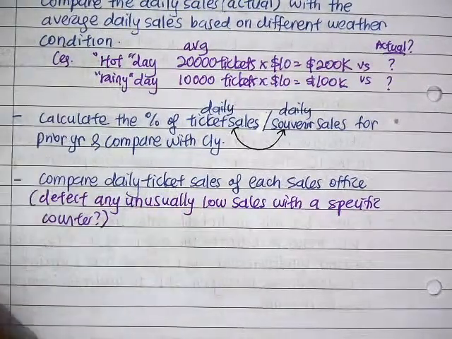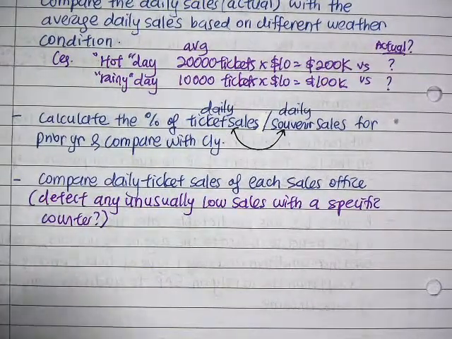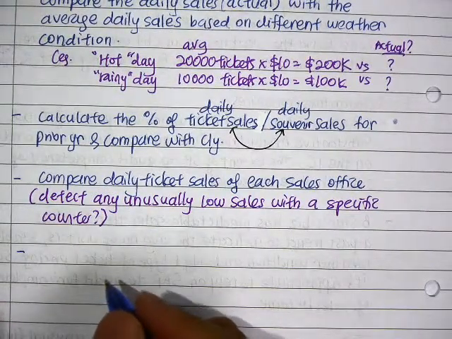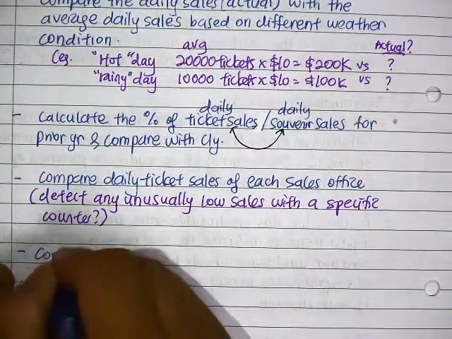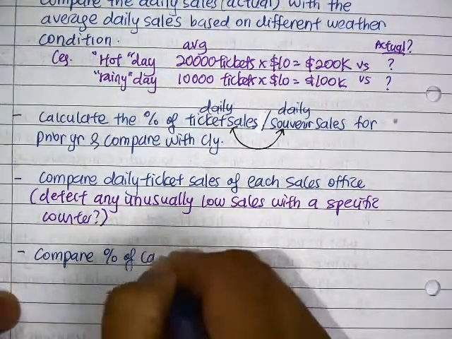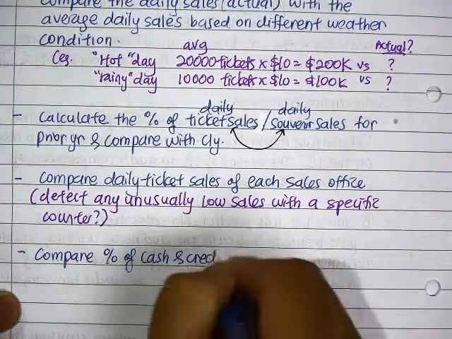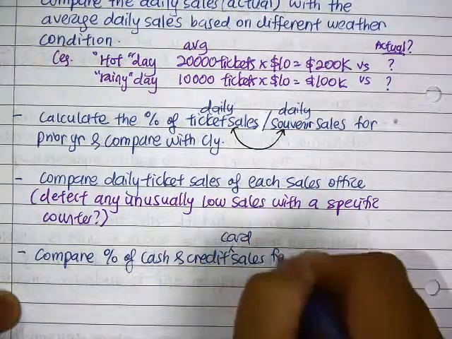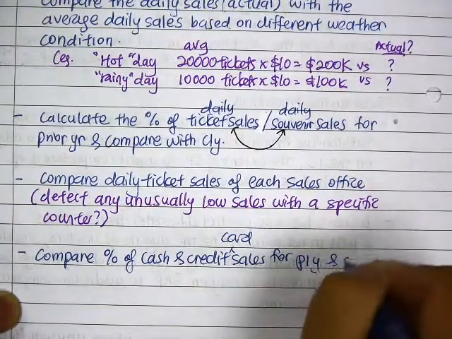Okay, now we can also take the proportion of cash and credit card as a way of establishing the trend. So compare the percentage of cash and credit card sales for prior year and current year.